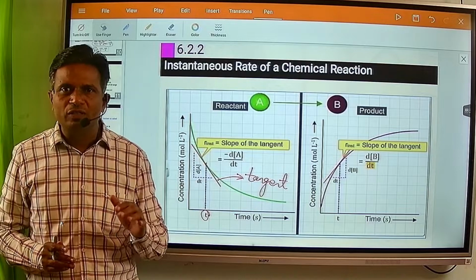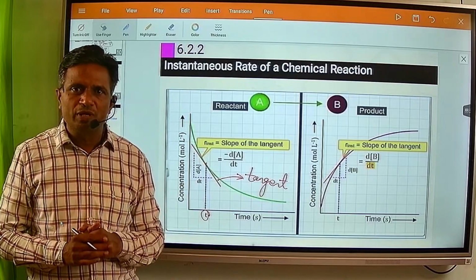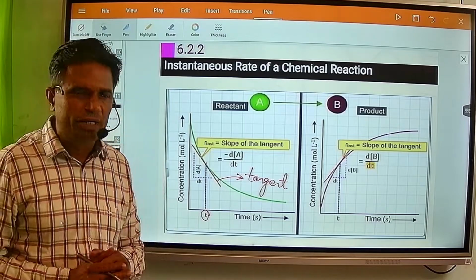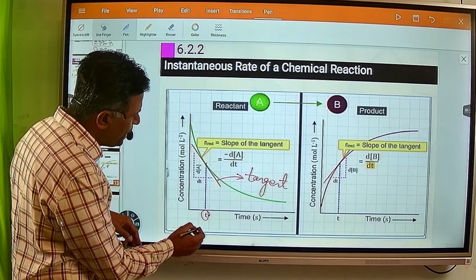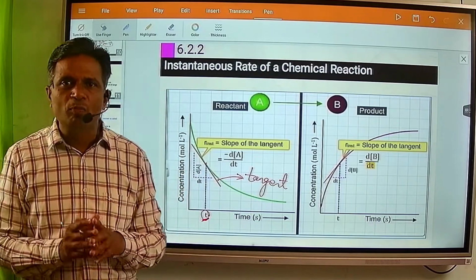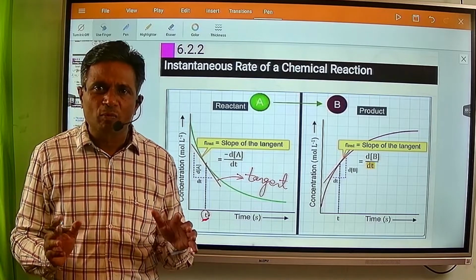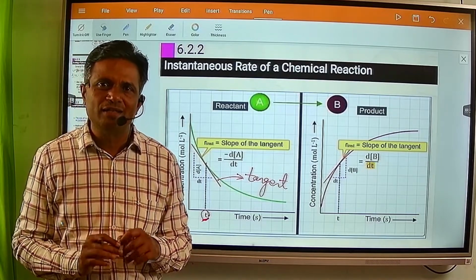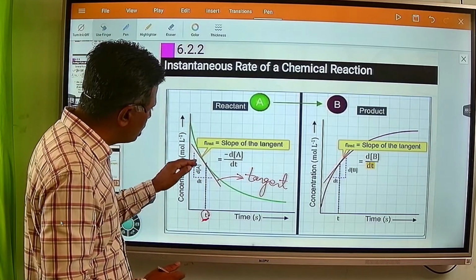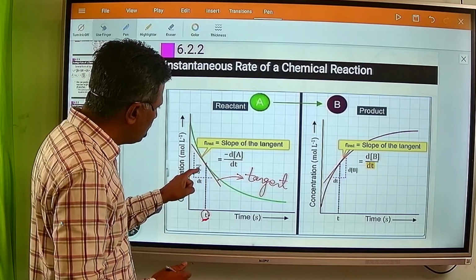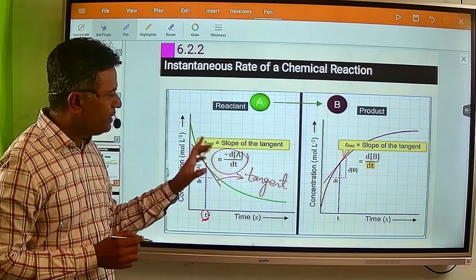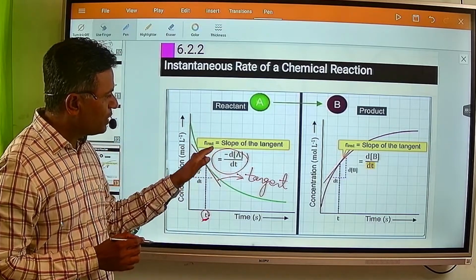Whenever you draw the tangent, you should remember one important thing: the tangent should not cross the curve. That is a very important point. This is the point t at which you have drawn the tangent, and then just find the slope of that tangent. The slope of the tangent will give you the instantaneous rate of reaction. You have drawn this tangent and calculated its slope, and that comes out to be minus d[A] by dt, the expression for that particular instantaneous rate.